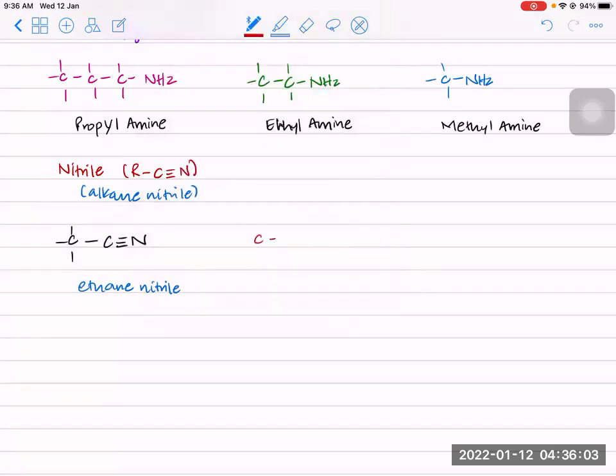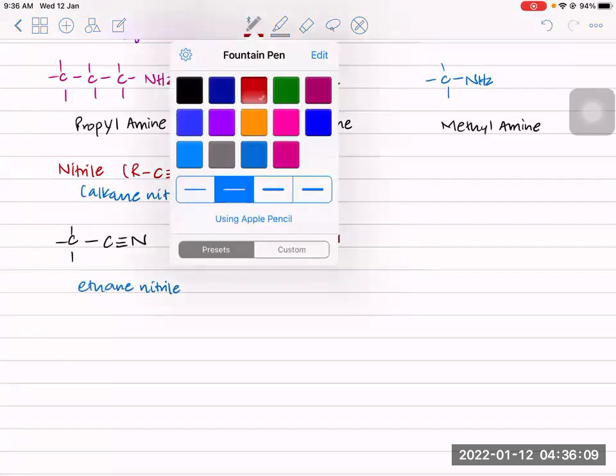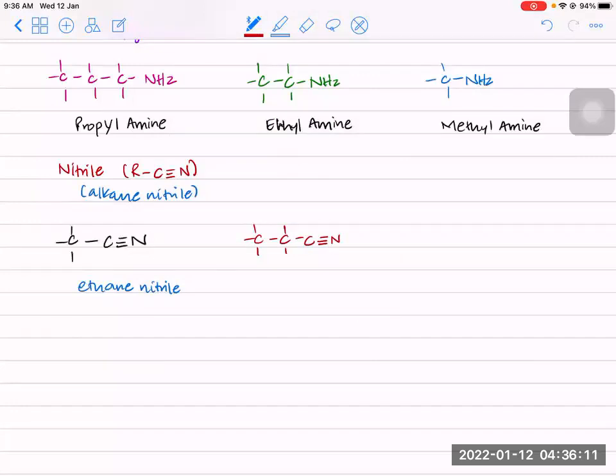Let's see another example. If you have this right here, 3 carbons, this would be what? Propane nitrile. Because you have 3 carbons.